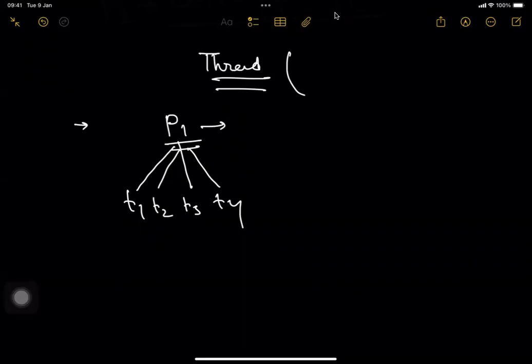When a process starts, multiple guys are doing their respective tasks. So the smallest task getting executed with the help of the execution unit is a thread; that is the complex definition. Better to say that a thread is the smallest unit of execution within a process. I can write it down.